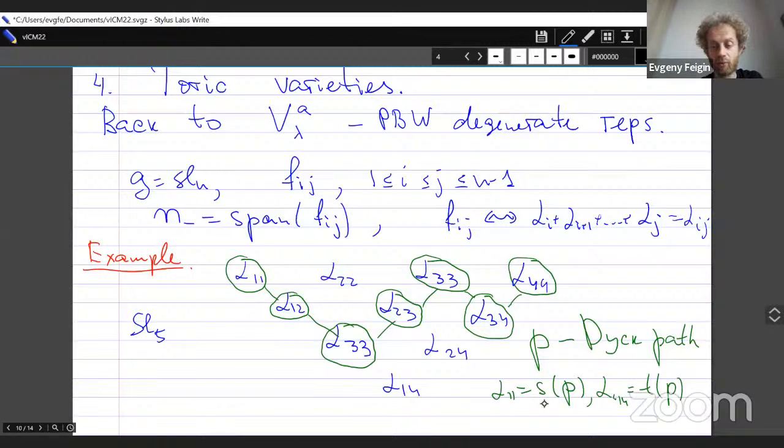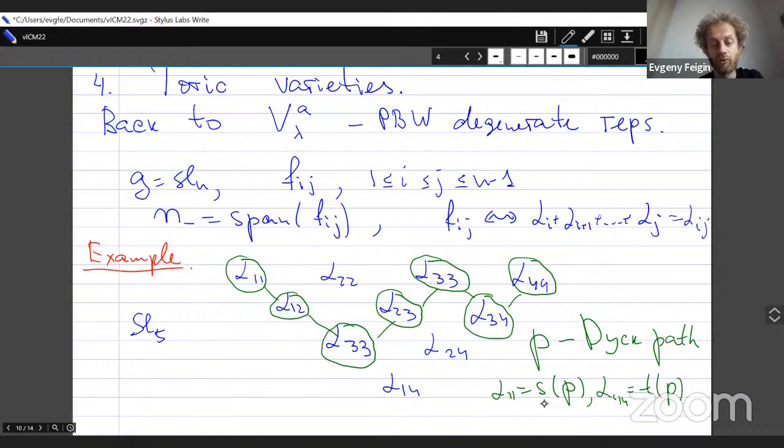So what are we doing? Here you can see an example of a dig path. This is a collection of several positive roots. We start with a simple root, alpha 1,1 for example. It doesn't have to be alpha 1,1; we can start with alpha 2,2 or whatever.